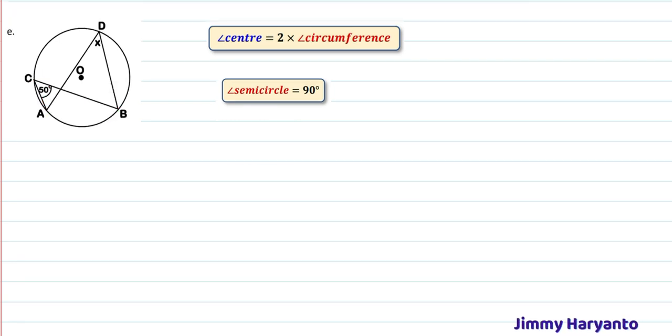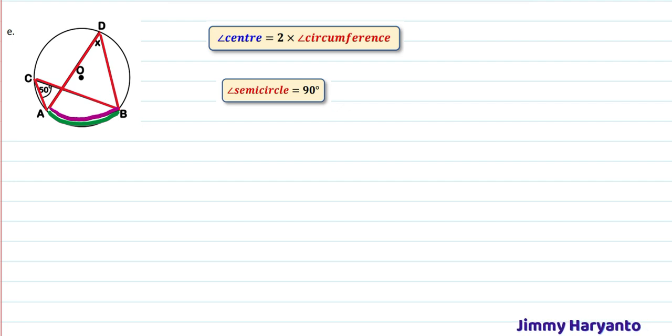Next is this one. For this one, we have the angle of circumference. We don't have the angle of center actually, and the angle of circumference is facing AB as the arc, and also we have another angle of circumference, which is this one, the x, and the x is also facing the arc of AB.